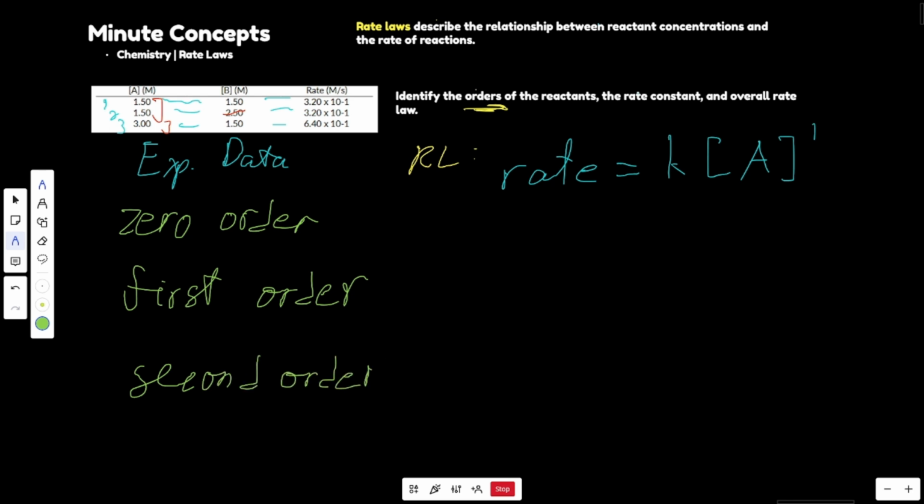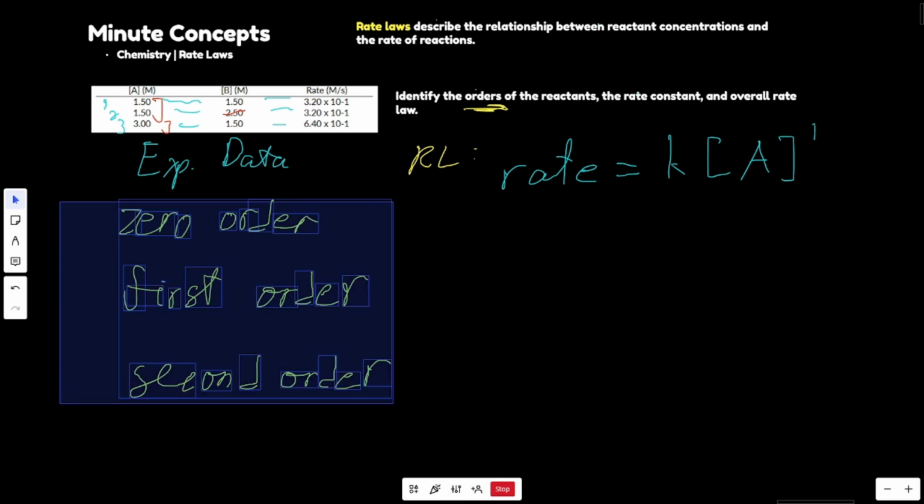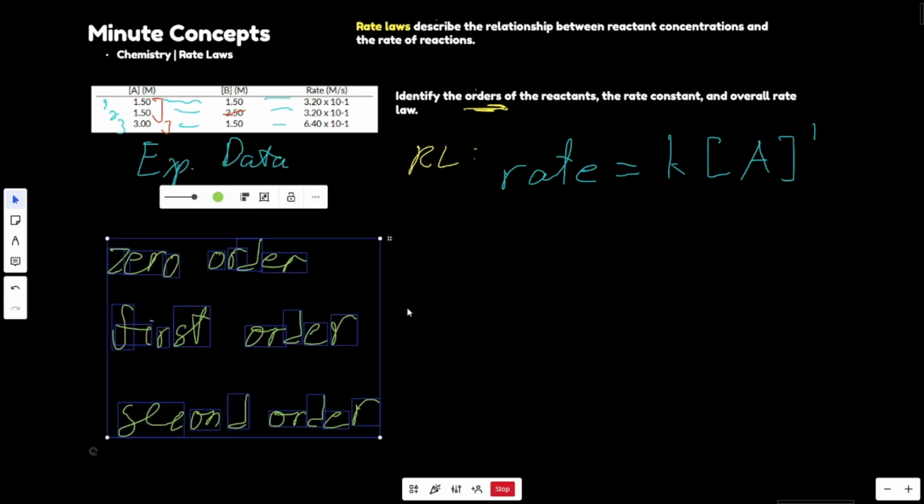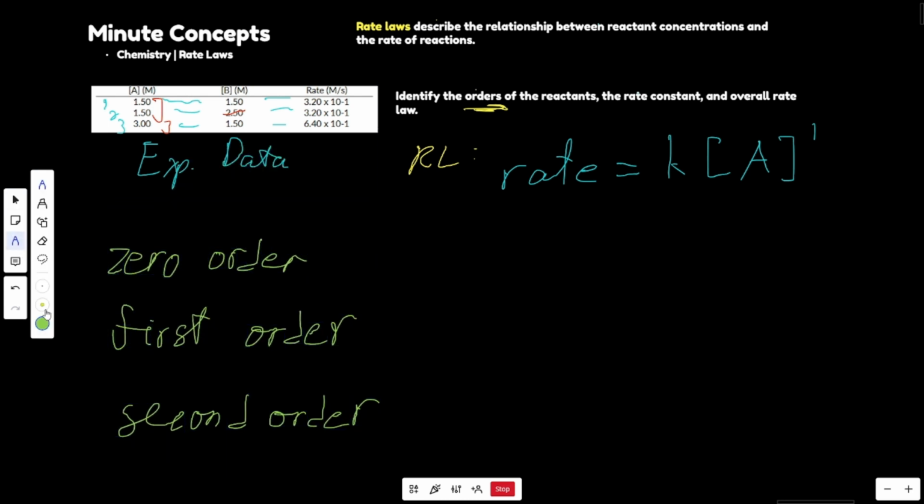Now, all of these are linear expressions. So all of the following equations I'm going to be giving are in the form of y equals mx plus b, because on a graph, they would be showing this, or they could be showing this.